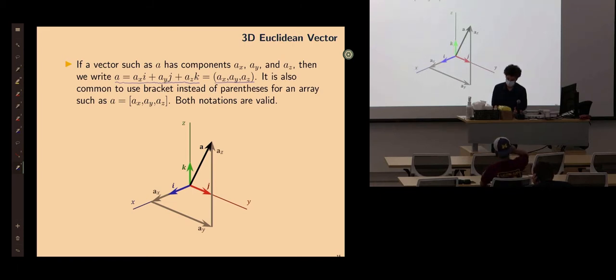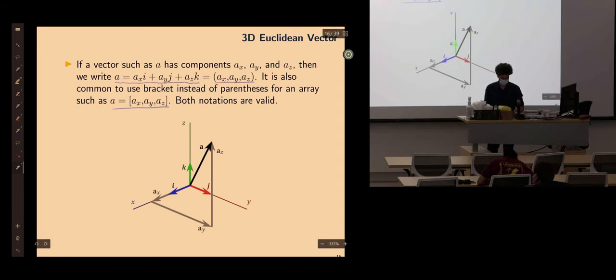On top of that, we also like to write vectors using brackets. So that's how we write it. And of course, we write it in columns. Here, I'm just writing it in a row, but we like to put it in a column. So I know there are many notations, but they all usually mean the same thing. You just pick one and work with that.